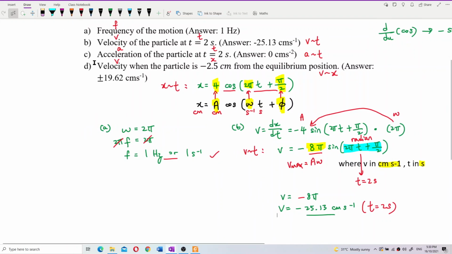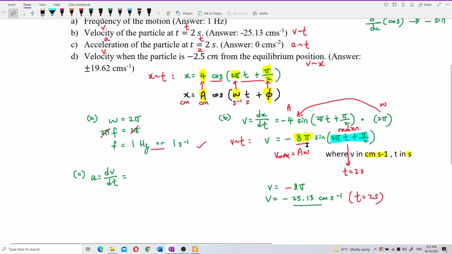Now, how about acceleration? For acceleration, I need to differentiate again. This time I use the velocity time equation and differentiate versus time, the second time. First of all, I differentiate outside. Differentiate sine, I get cos.